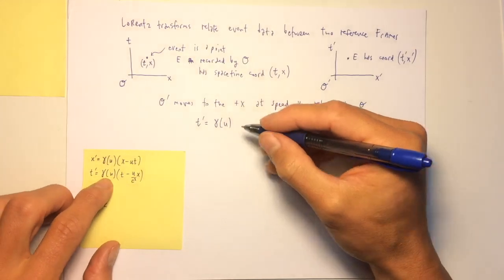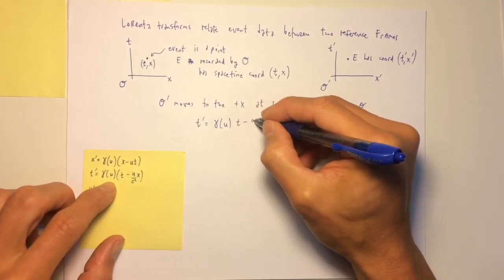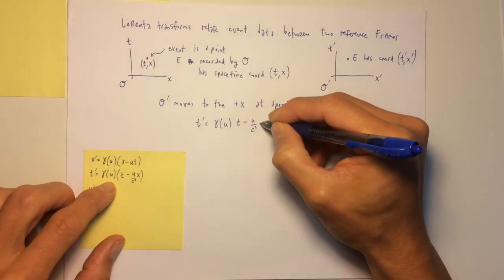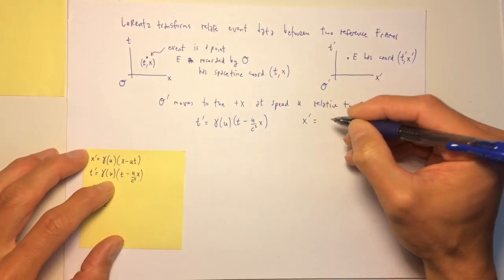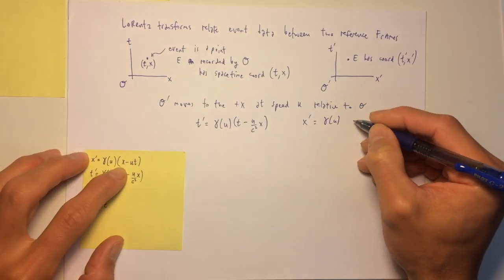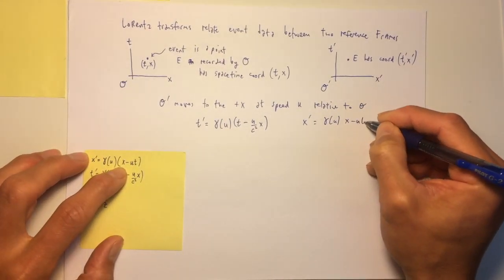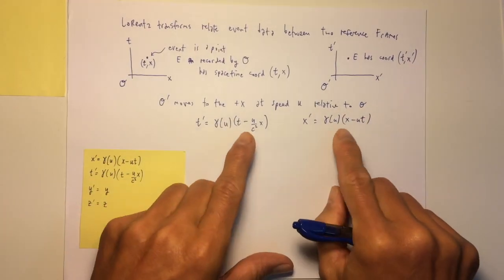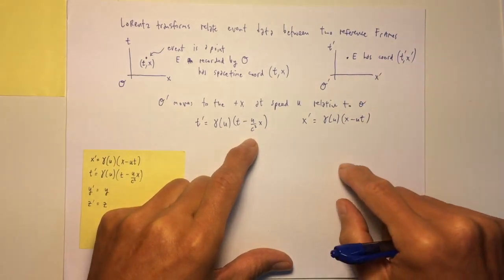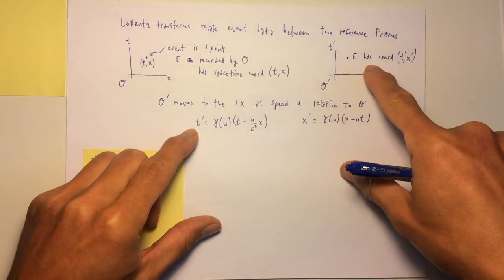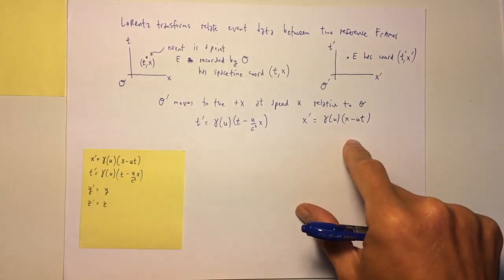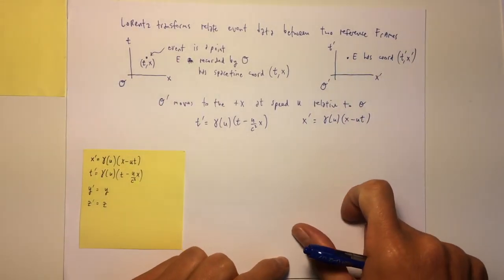So t prime is gamma of u, t minus u over c squared x, and x prime is equal to gamma of u, x minus ut. So this is the translation of event data recorded by O to event data, same event, recorded by O prime.